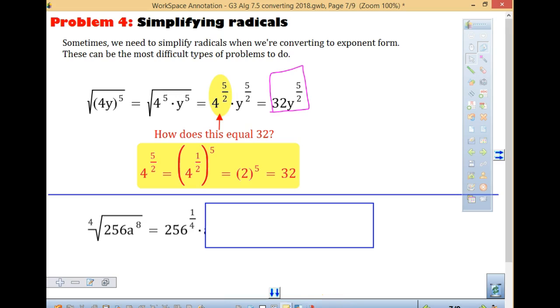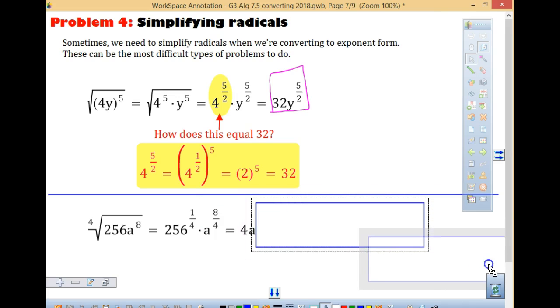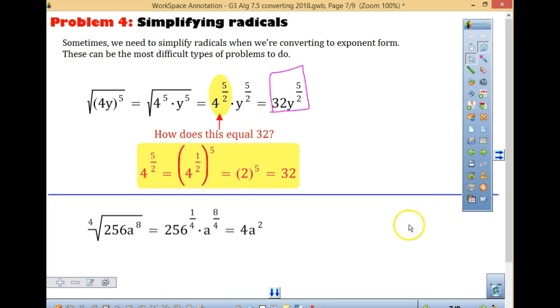Could you take the 4th root? Same thing, right? What'd you get for a number? The 4th root of 256 is 4. You are then going to have your a to the 8/4, but we are going to simplify 8/4 to be simply 2.